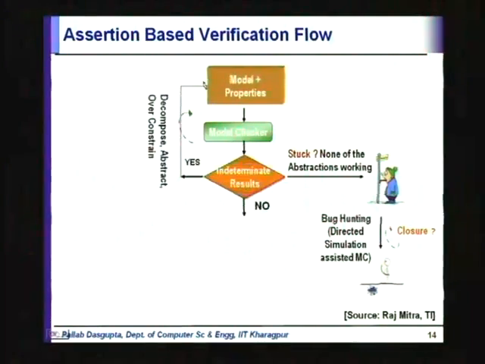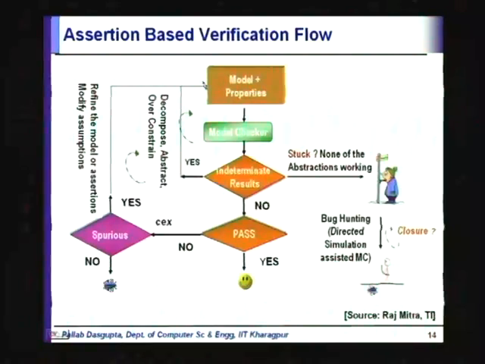I will skip this slide because this is going to come later on. This talks about the way in which the formal tool is used today. So you start with the model plus the properties, then you run it through a model checker, and then you typically end up with indeterminate results, which means that you can't infer whether the property holds, okay.